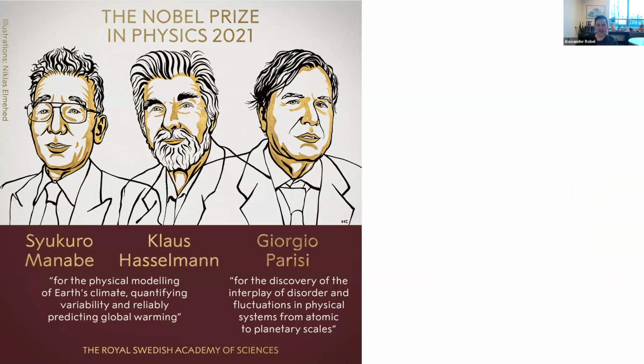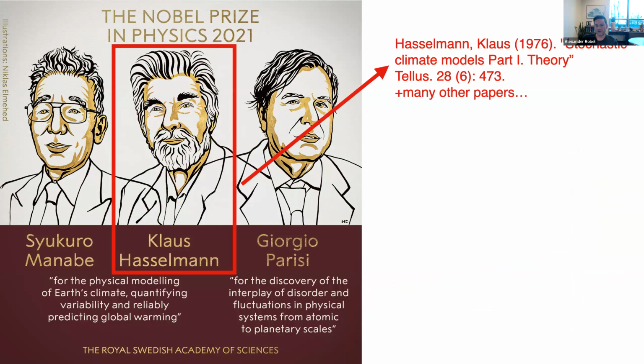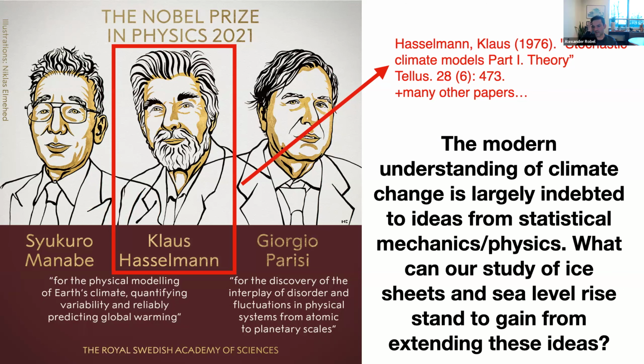In particular, Hasselmann is well known in the climate modeling community and the climate science community for his early work on stochastic climate models. And so here's just a citation from one paper where our modern understanding of climate change and uncertainty in climate projections is really indebted to these ideas that Hasselmann imported from statistical mechanics and physics.